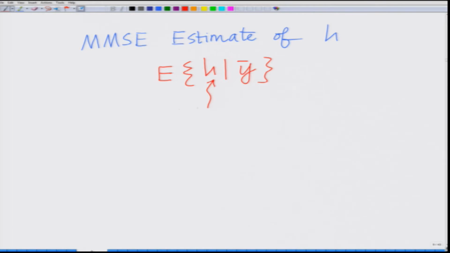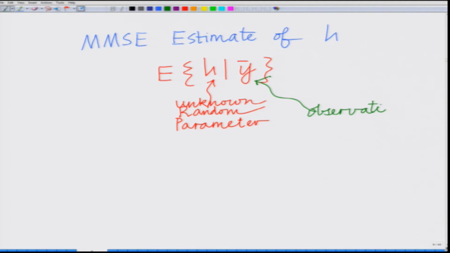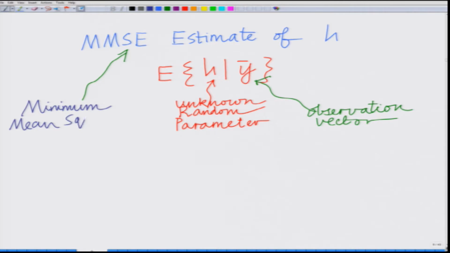H is the unknown random parameter, y bar is the observation vector, and MMSE stands for the minimum mean squared error. This is what we have seen so far.